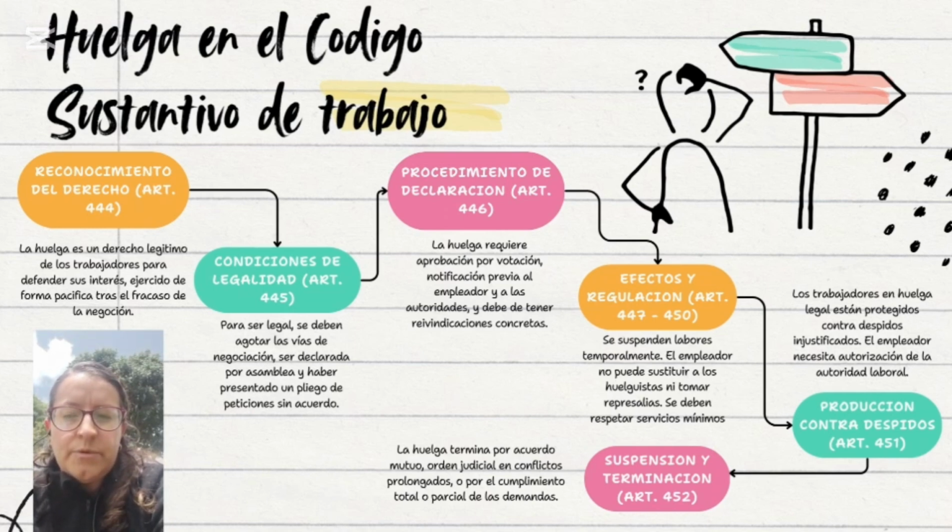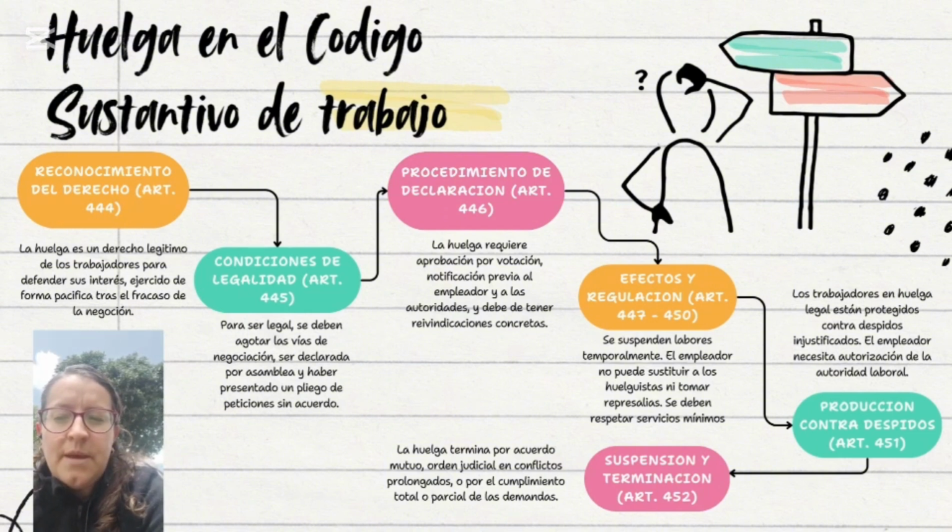It must be approved by both parties and the employer must be notified. Work must be temporarily suspended. The employee cannot be dismissed. The strike can end by agreement of both parties.